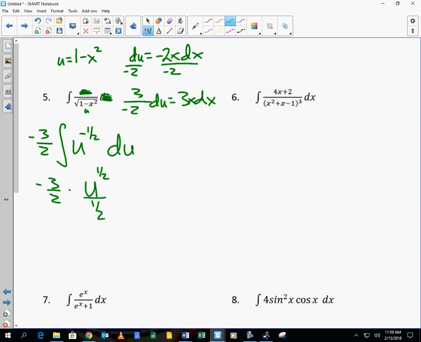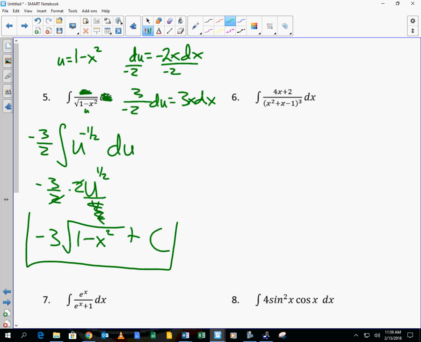Divide by 1/2 is the same as multiplying by 2. So what's going to happen? The 2's cancel. One half.